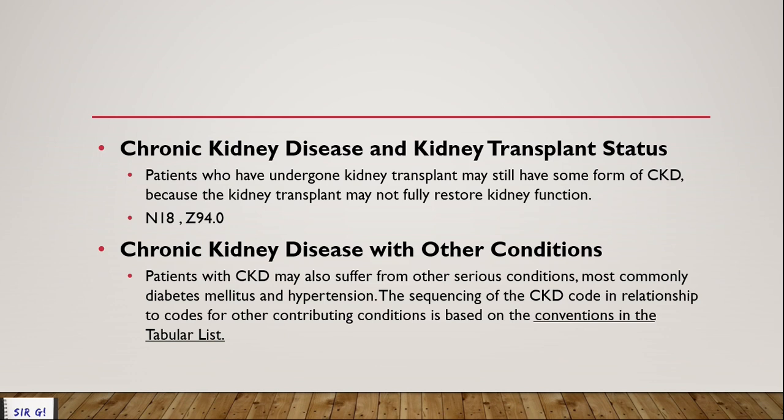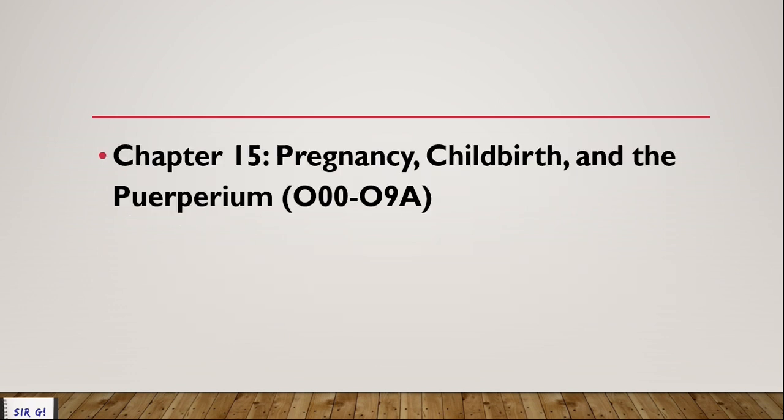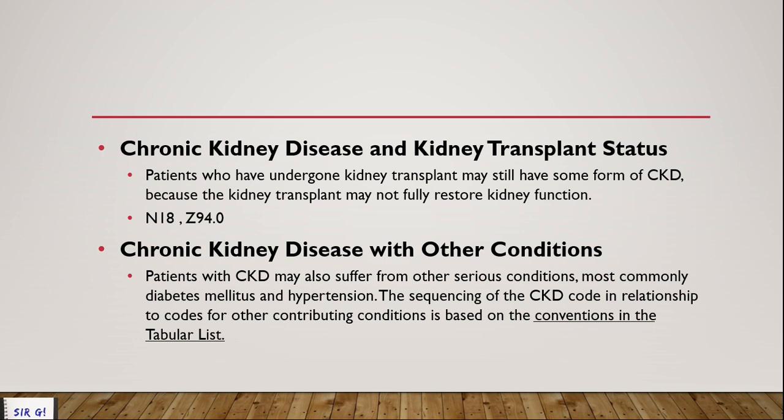Chronic kidney disease with other conditions. Common examples here are hypertension and CKD, or even diabetes with CKD. Guys, your sequencing will always be dependent on your tabular list instructions when you go through your tabular list codes. Okay? So that is your chapter 14.